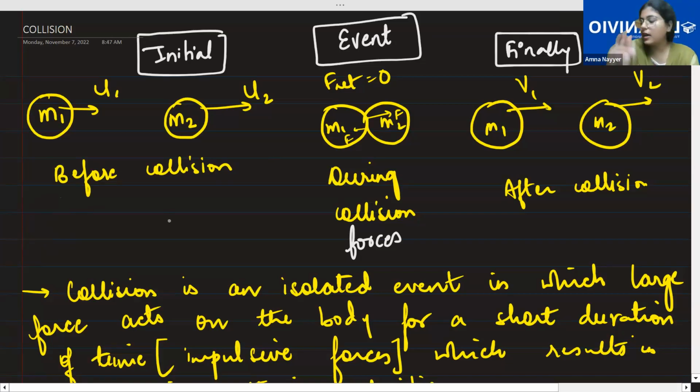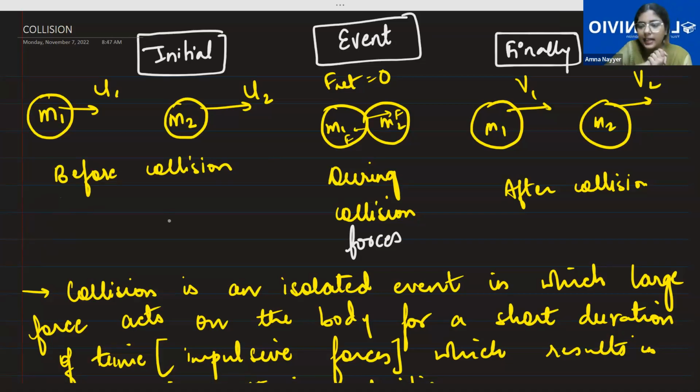Okay, so I was discussing what exactly collision is. Collision means when two bodies come in contact with each other. These are two masses which are moving with different speeds initially.